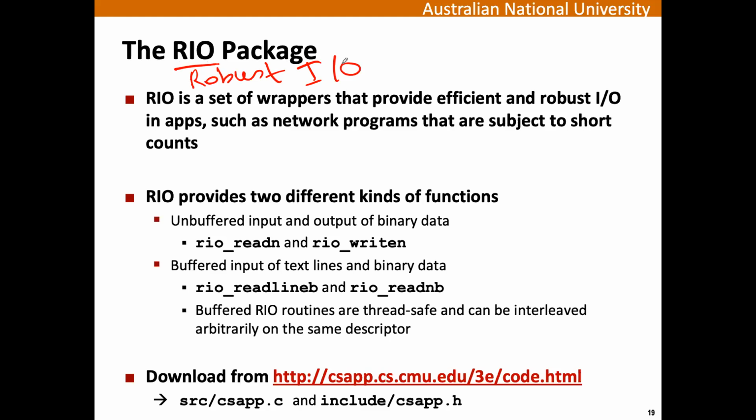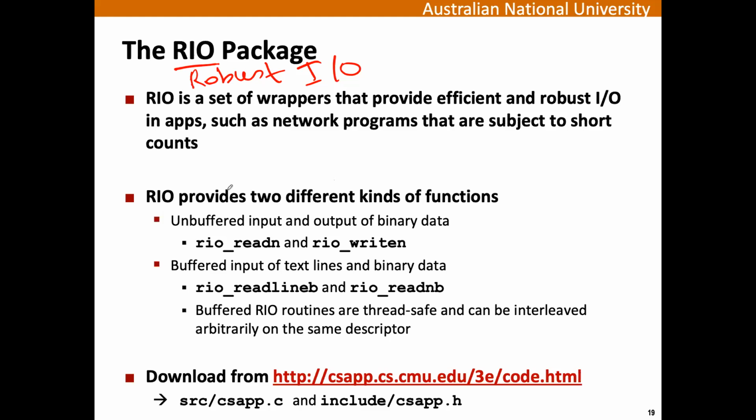Making system calls directly is possible. As a programmer, you can do that, but it's not always a good idea. You need some high-level library, either the standard C library or this kind of package, to deal with things such as short counts and other errors.